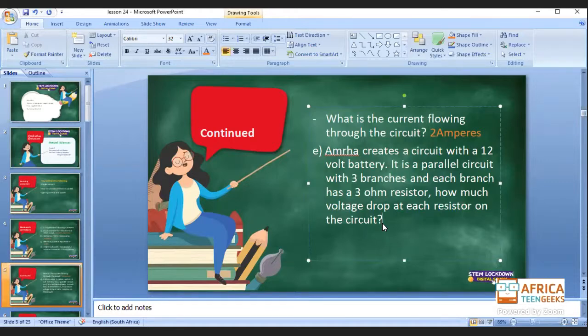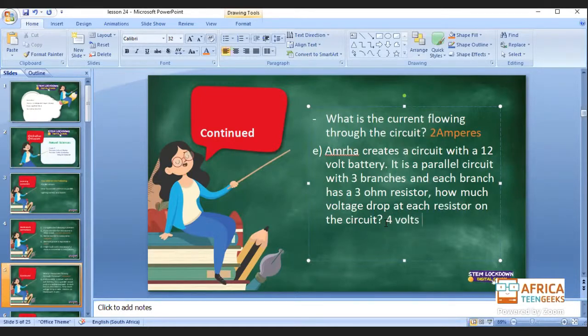So that means the current is shared equally within the parallel circuit. I know that we haven't done it. The correct answer there will be 4 volts. So it's going to be 4, 8, 12. The energy from the battery will be utilized equally. I haven't taught you this one, but the correct answer is 4 volts. Are we clear?